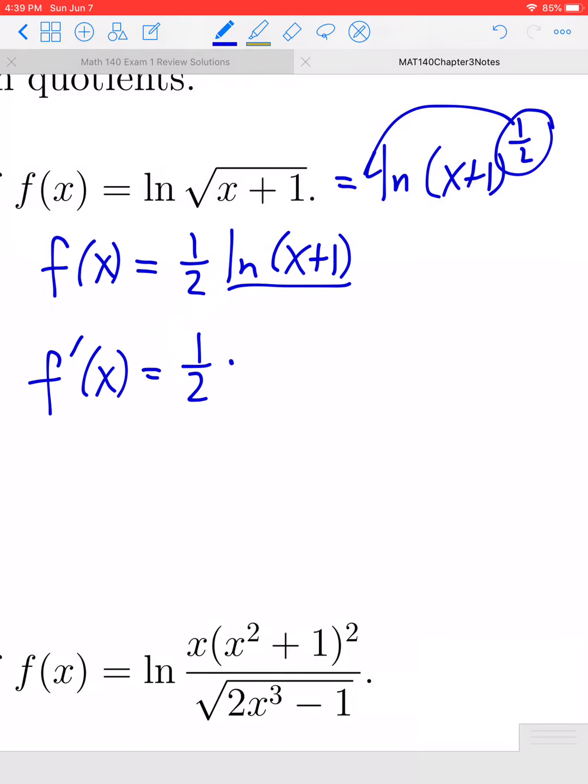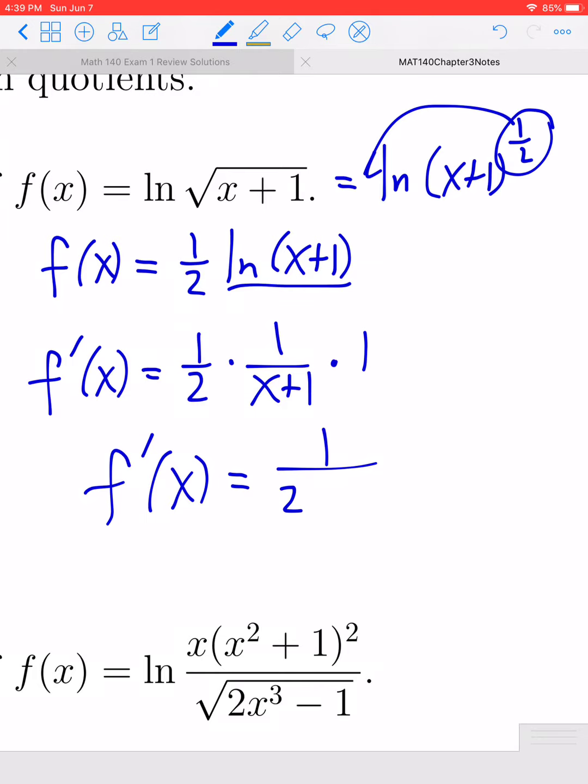And then the derivative of the ln of x plus 1 would be 1 over the function on the inside. And then from the chain rule, we multiply by the derivative of x plus 1, which would be 1. So f prime of x is equal to 1 over 2 times the quantity x plus 1. And of course, if you wanted to, you could even distribute it through. Entirely up to you. I would probably just leave it factored out.